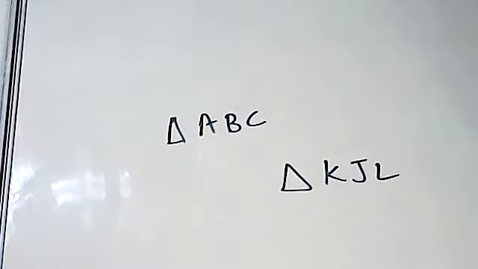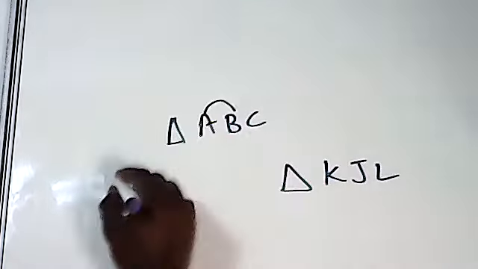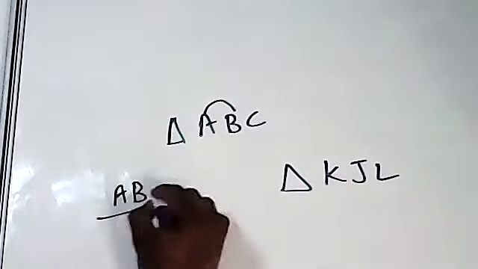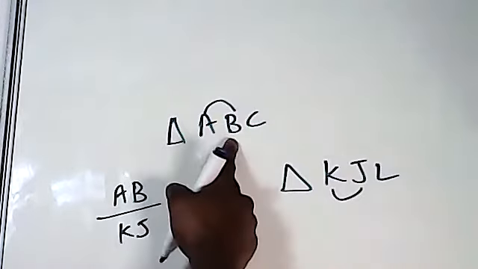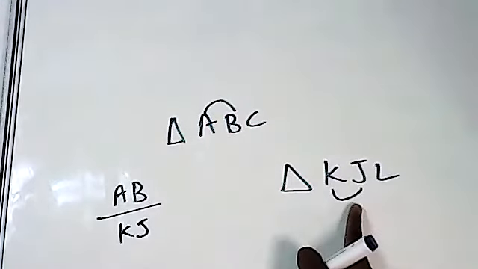So when it comes to similarity, remember we said that similarity deals with what? With proportion. And I said proportion is basically your ratio. So if we were to prove that these two triangles are similar, you'd say AB all over KJ, right? Remember we said first and second, right?